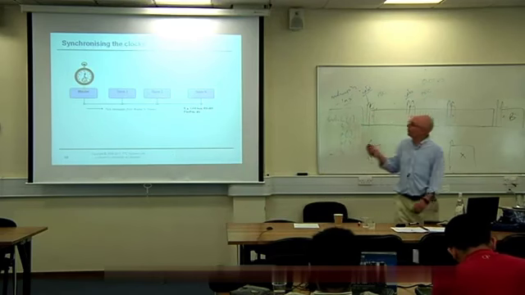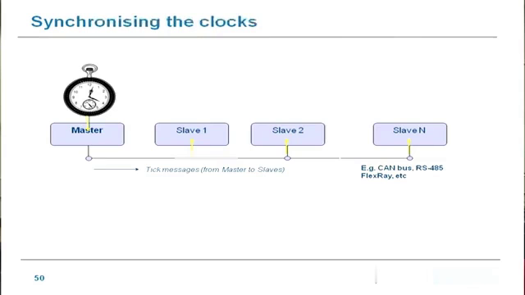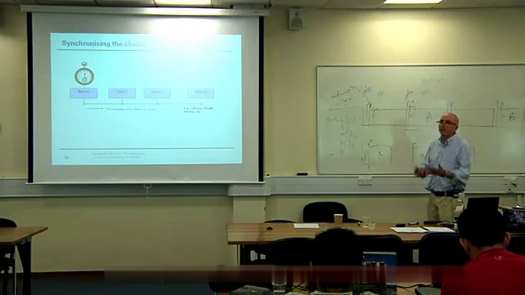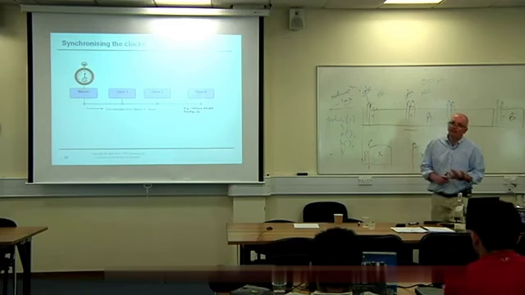The arrival of those messages generates an interrupt on those nodes. And that interrupt drives the scheduler on those nodes. Very simple design, very simple way of synchronizing the activity here.